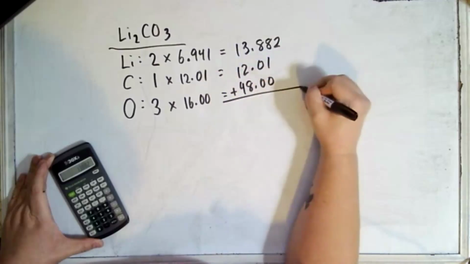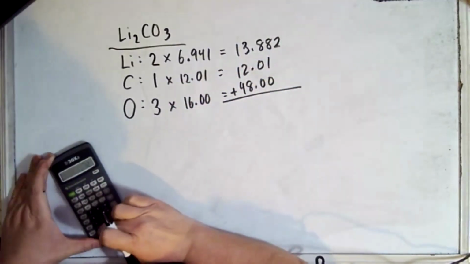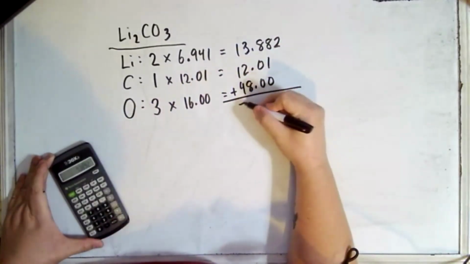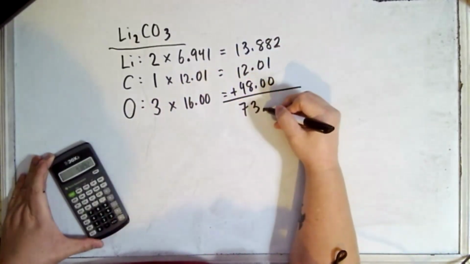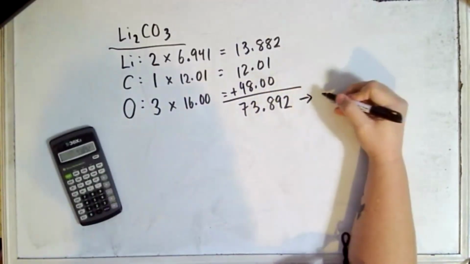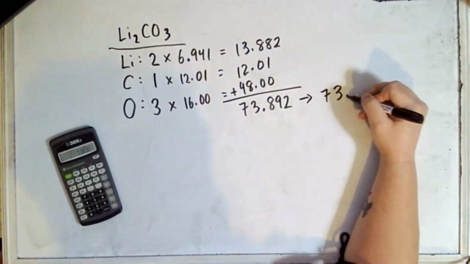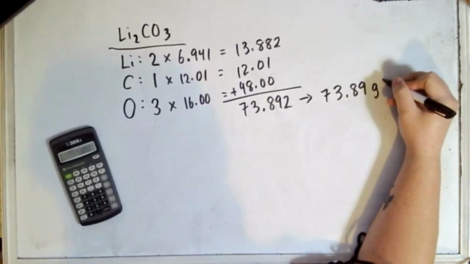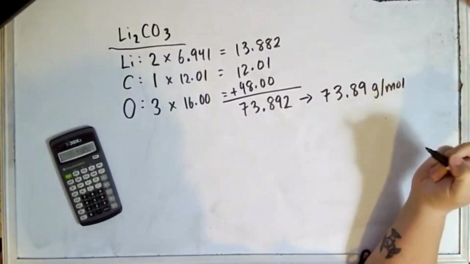And then we'll add those all together. And we're going to get 73.892, which will round to 2 decimal places, so it'll be 73.89. And the unit for molar mass is grams per mole.